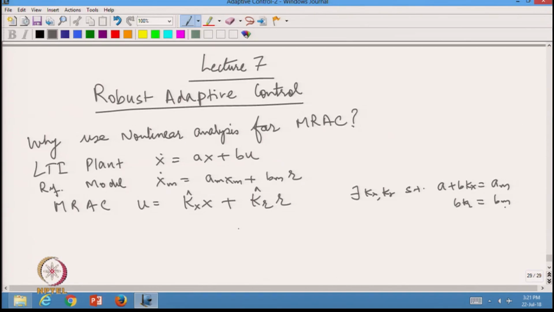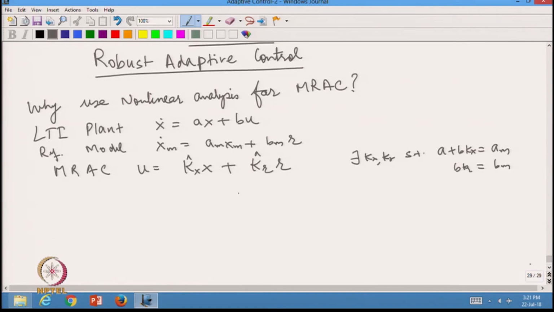Anyways, this is just for completeness sake, but the point that I want to make is that when you write down the closed loop error system, that is when things get interesting. So, we define the error as e equals x minus x m, and then we write down the expression for the error dynamics. In fact, the tracking error, I should be very specific here, because we have the parameter estimation error as well in this case.